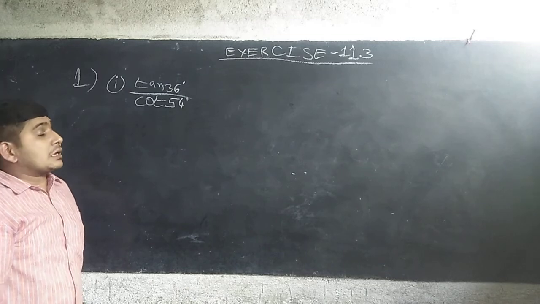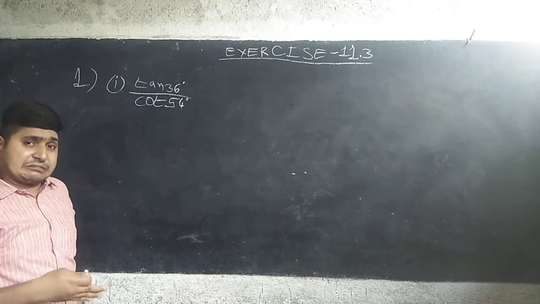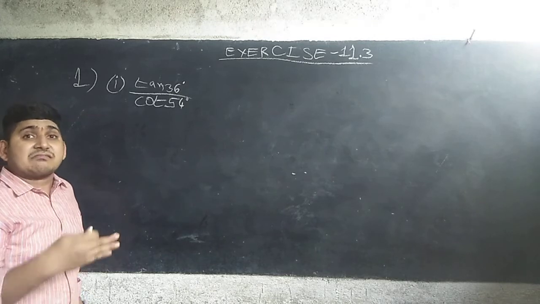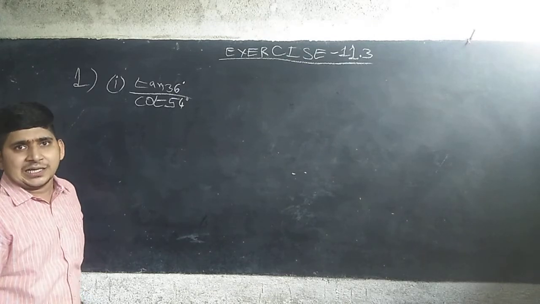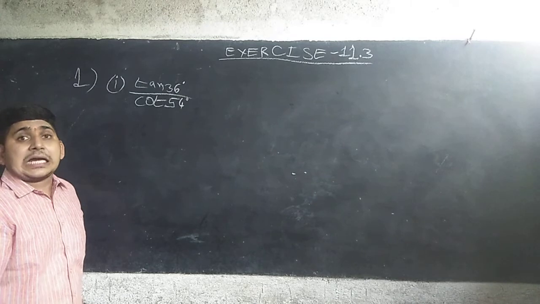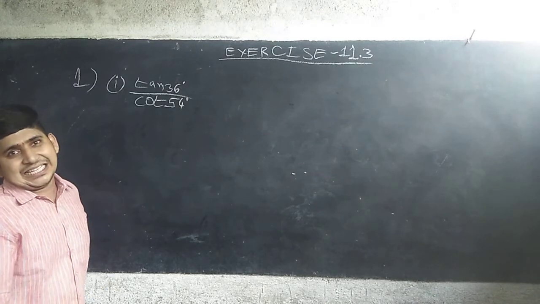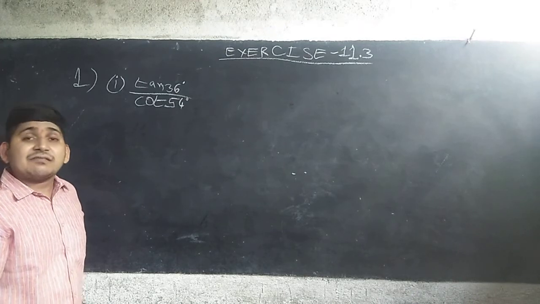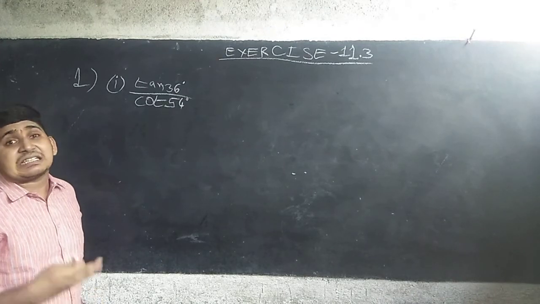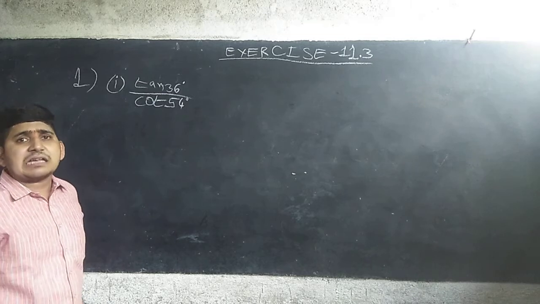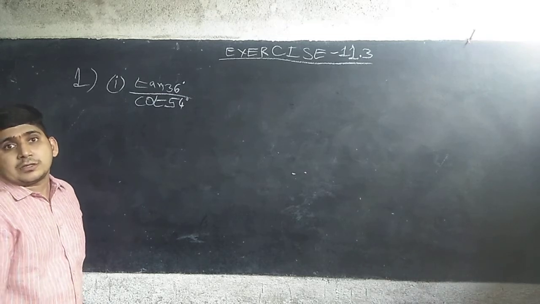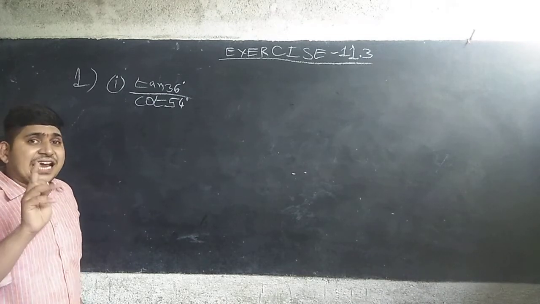If the sum of two angles is equal to 90 degrees, then we have to change any one angle. In each situation, we should not change both angles. If we change both angles, we cannot get the simplification value. So we have to change any one angle.